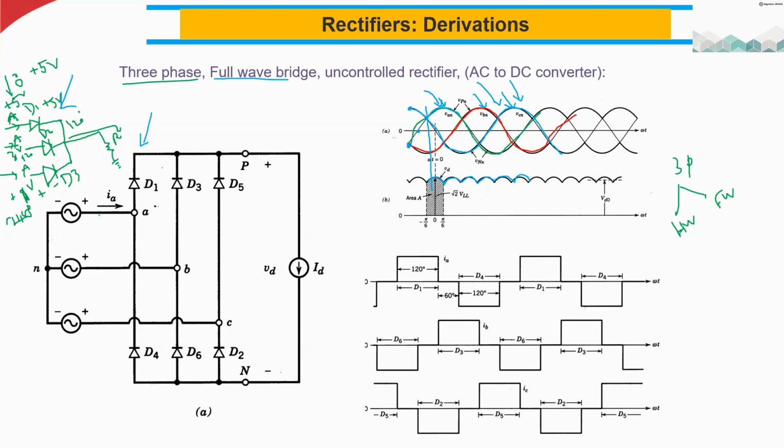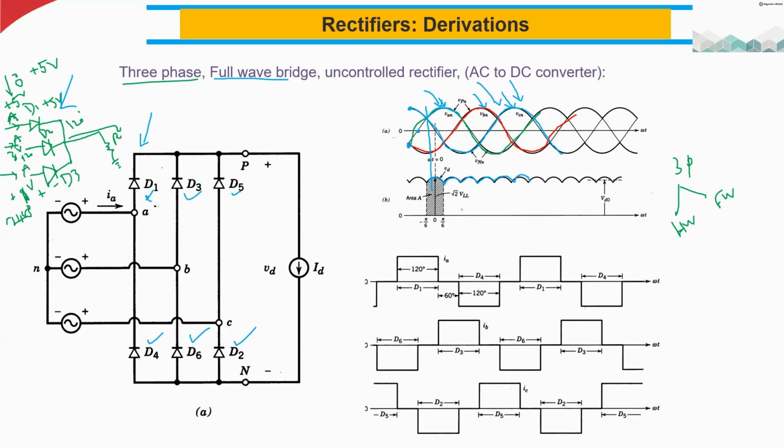So with different combinations, maybe D1 and D2 will conduct during this first green signal, then D3 and D4 will conduct during this red cycle, and D5 and D6 will conduct during this blue cycle. So instead of a single diode, there will be two diodes helping the conduction.